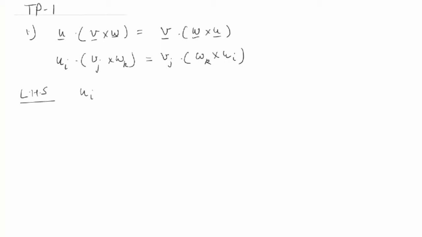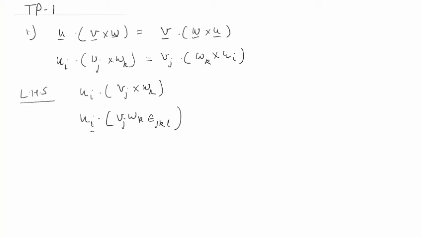LHS is ui dotted with vj crossed with wk. So this is ui dotted with vj wk e j k l. Now here j and k are repeating and l is the free index. So summation is associated with all of these j, k and l, but j and k, because of repetition, become scalar quantities. ui is a vector because i is a free index.